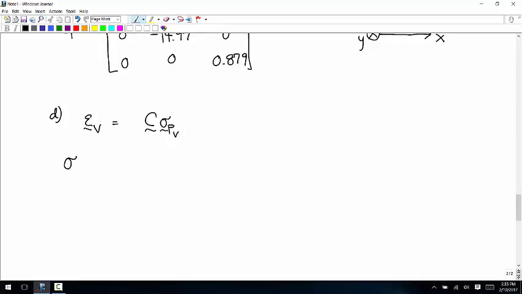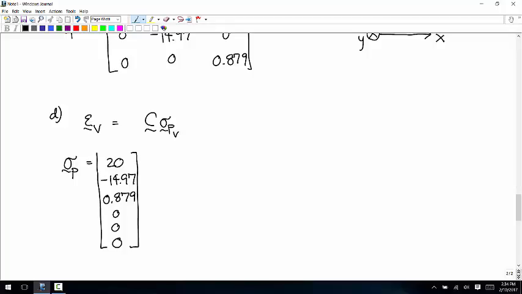So in Voigt form, the principal stress is 20, negative 14.97, 0.879, and then 0, 0, 0.